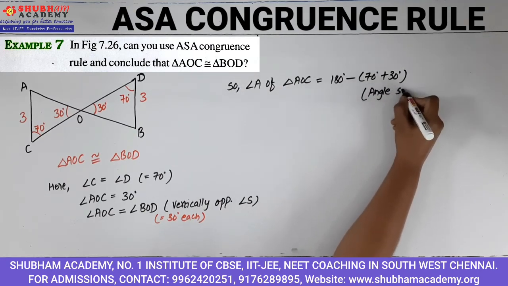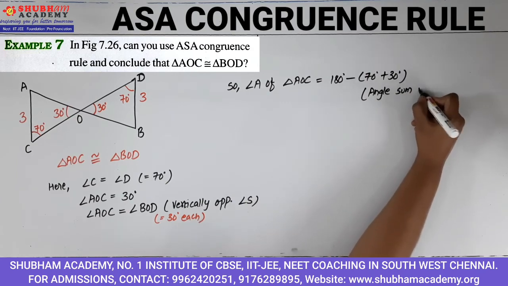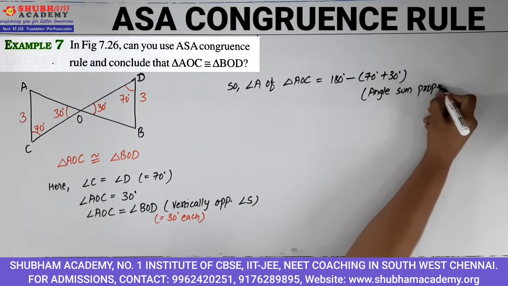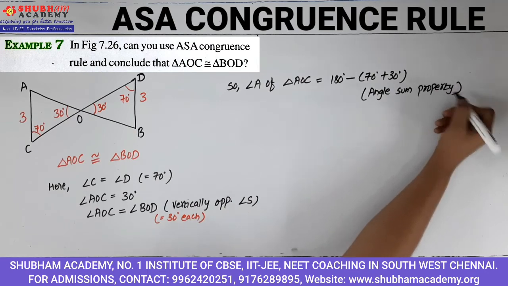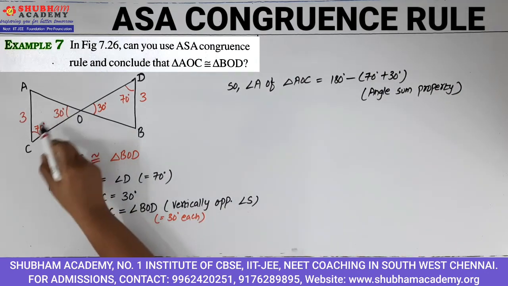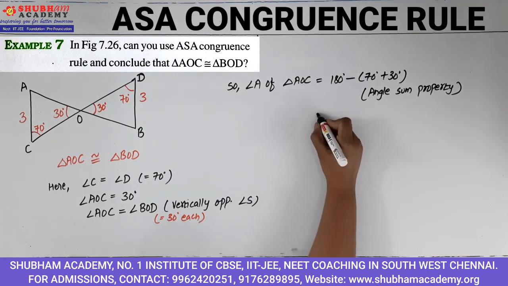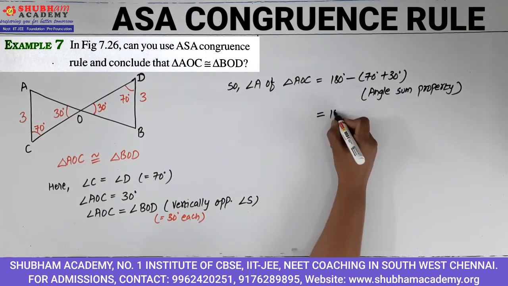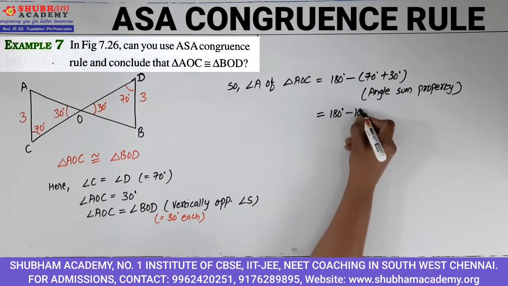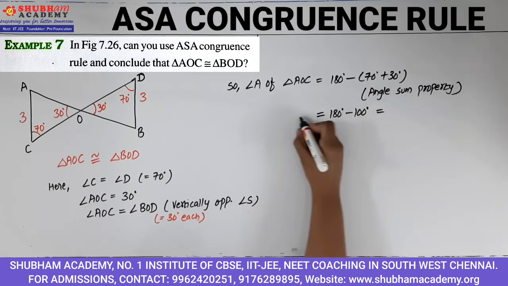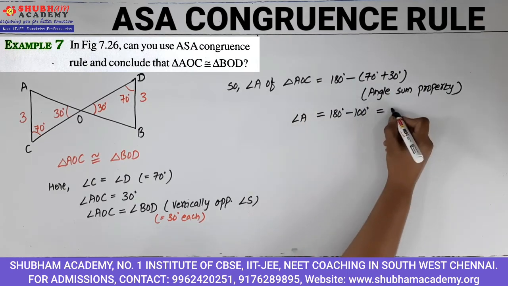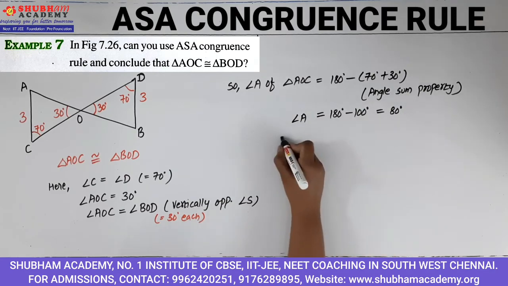And what is angle sum property? That the sum of three angles of a triangle is 180 degrees. So when two angles are given to us, the third angle we can easily find out. After simplification, it is 180 degrees minus 100 degrees. So angle A is equal to 80 degrees.